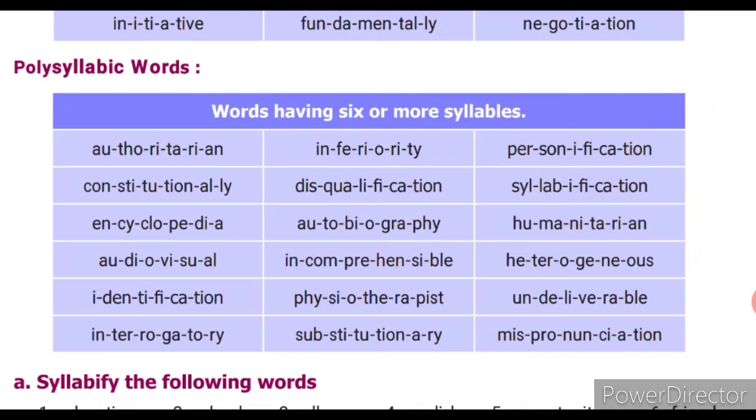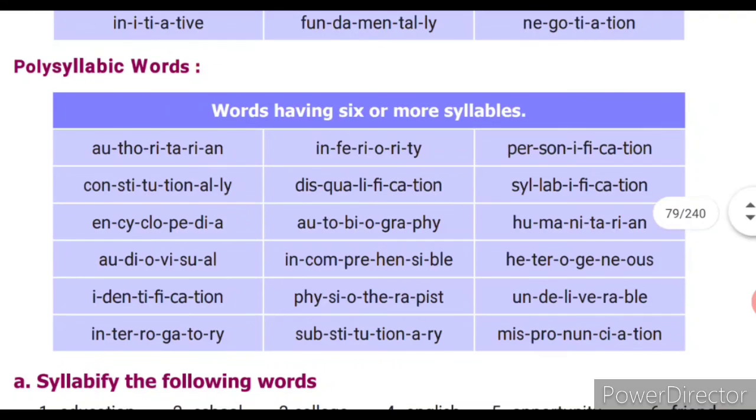Here actually we have seen the rule, that is rule 9. We can divide two vowels next to each other if they carry different sounds. Here in inferiority, the I and O carry different sounds, so I have used syllabification there. Okay, inferiority.